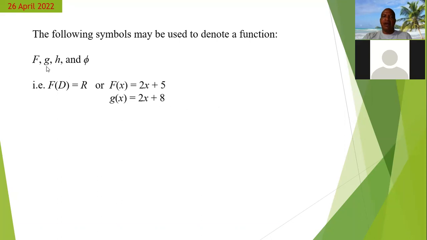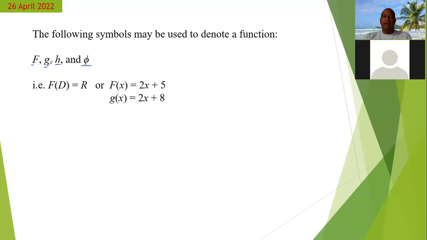All right, moving on. The following symbols may be used to denote functions. Some functions we can write in the form of f of x. If we are identifying a different function from the one written as f of x, then we have to use another symbol like g of x. The commonly used symbols for functions are f, g, h, and phi.